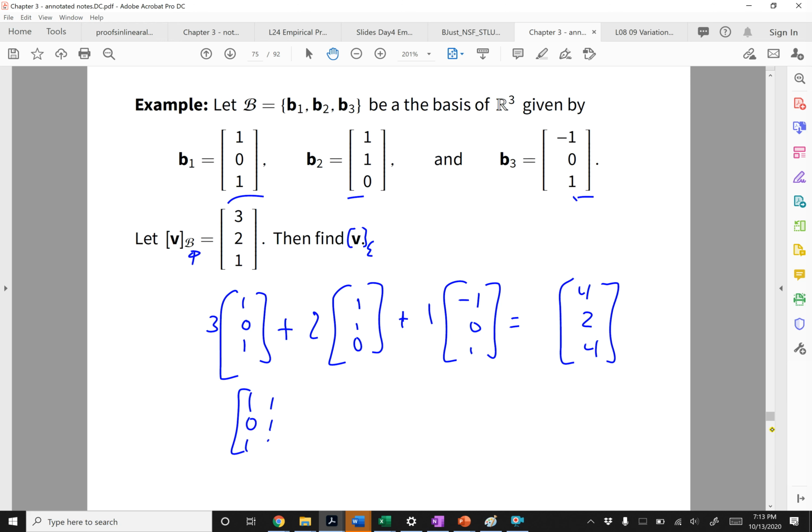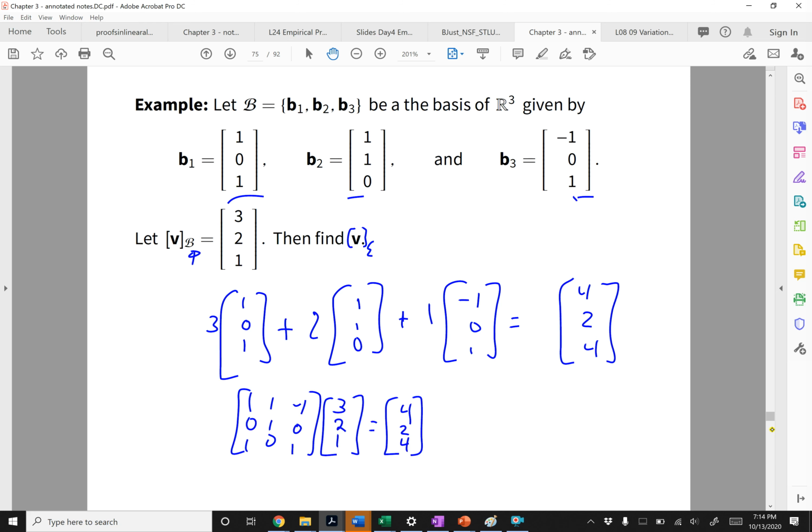This matrix times 3, 2, 1 equals 4, 2, 4.